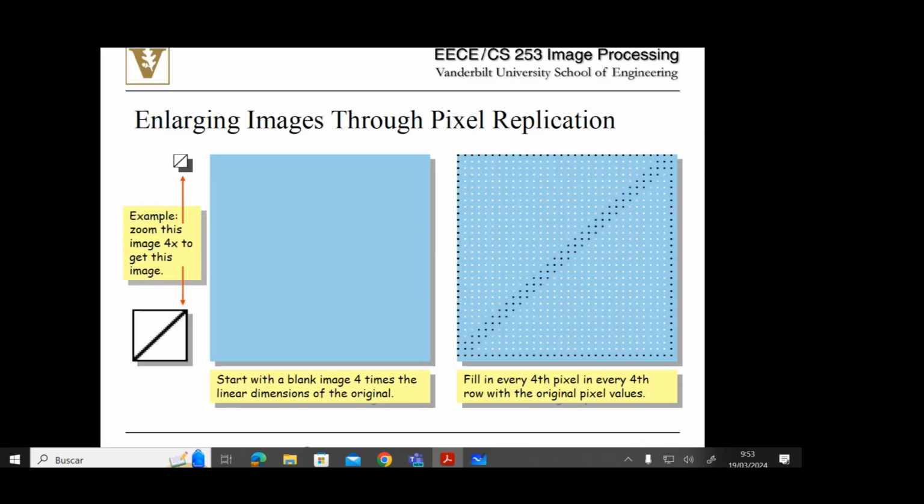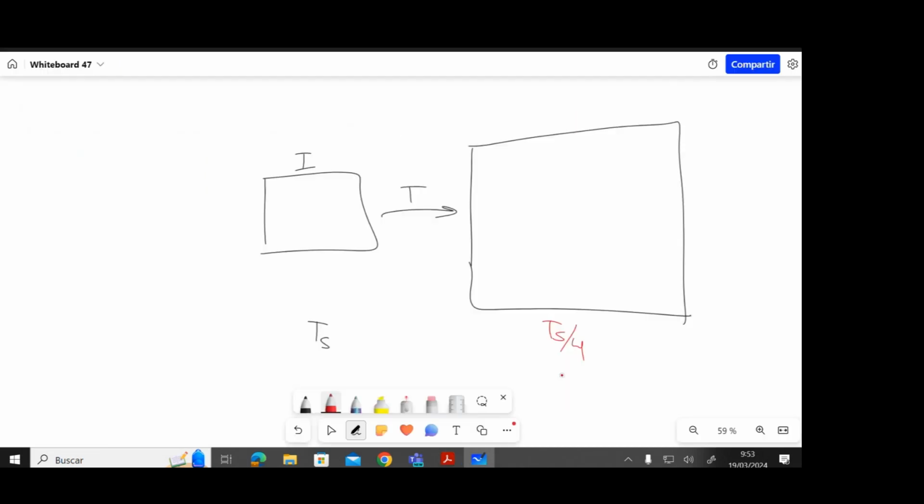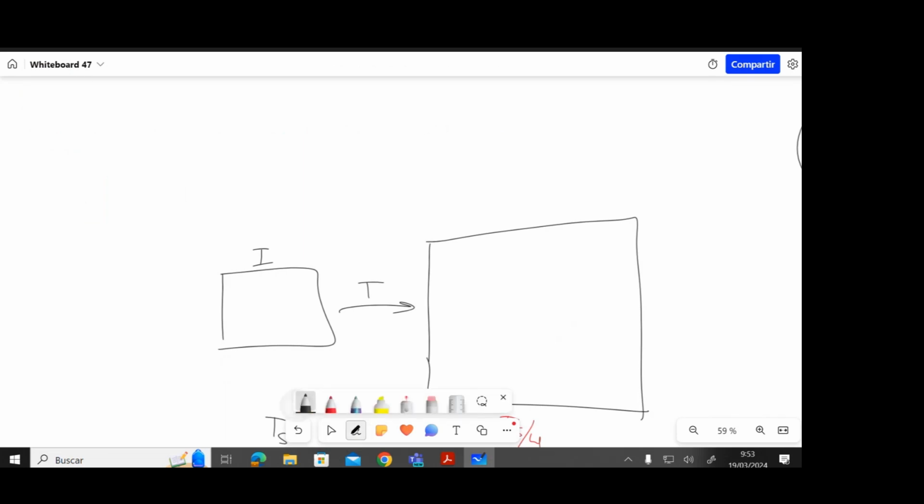So let's see. We know one particular operation for that already. Before we were doing decimation. So what is the opposite of decimation? Expansion.